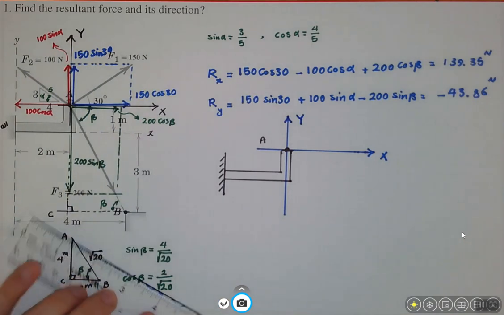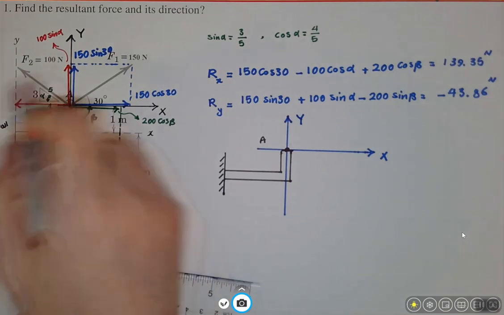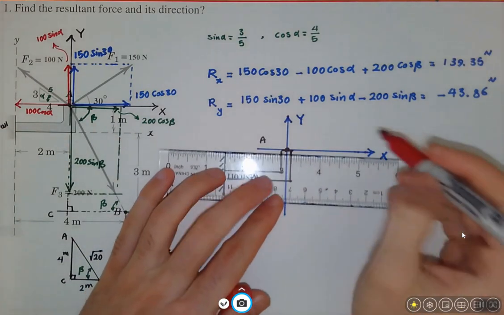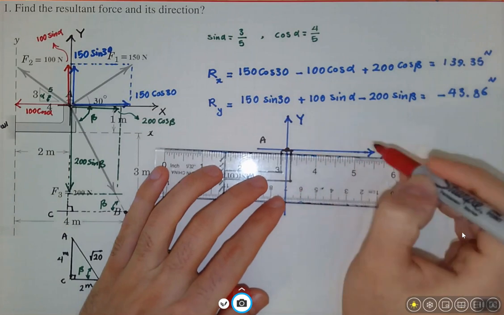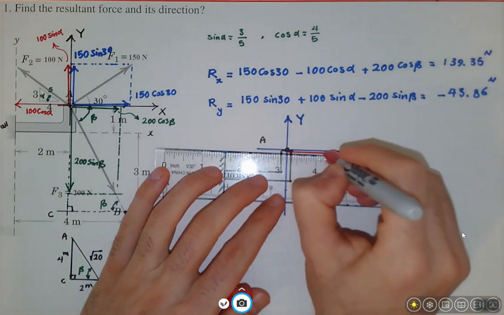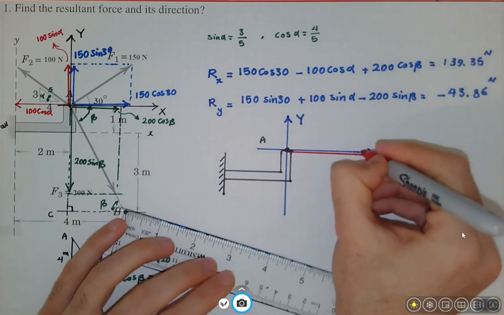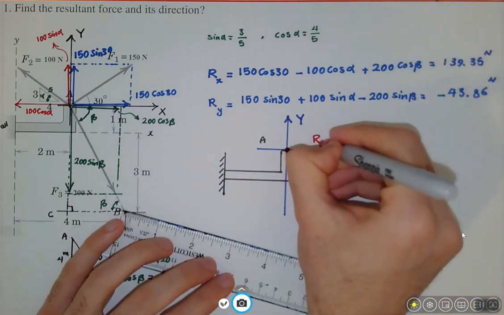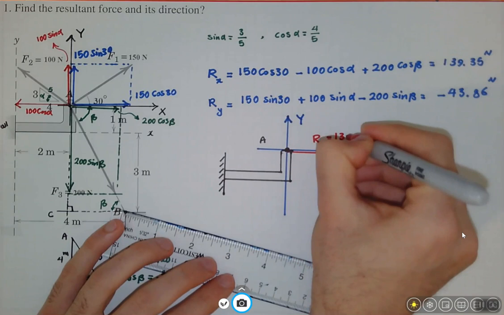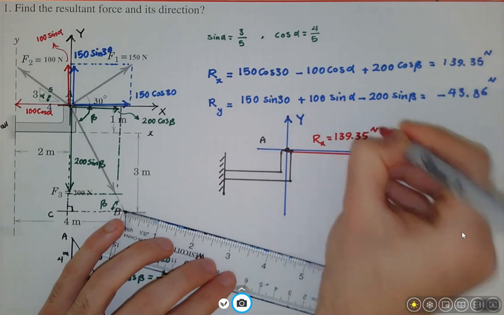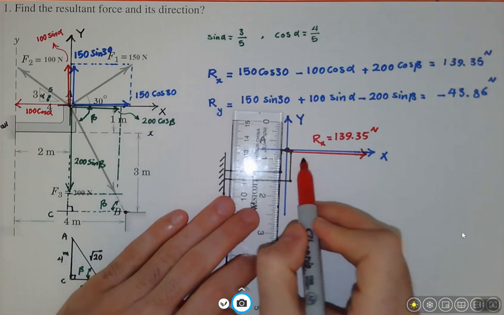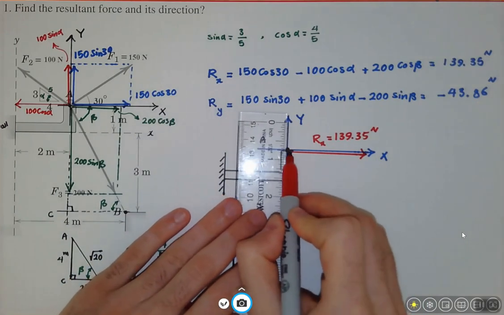So what we found is that the sum of all these forces in X is a load. Let me show it like that. This is what we found, Rx, 139.35 Newton, and we found Ry to be in the opposite direction.